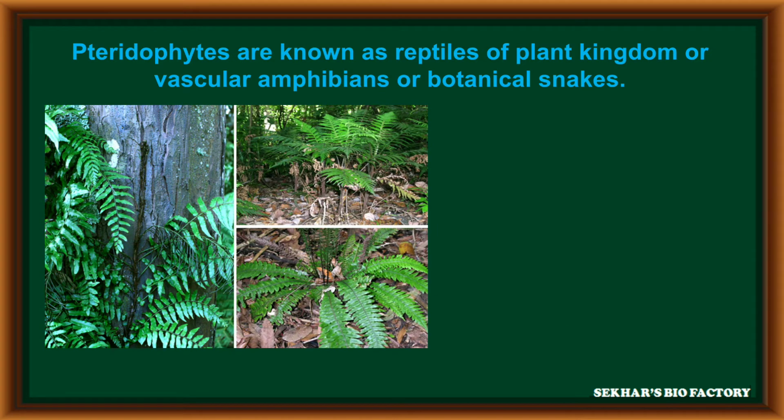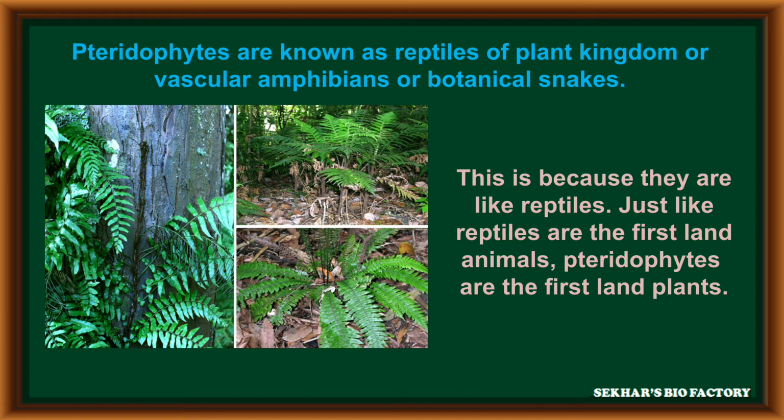Pteridophytes are generally known as reptiles of the plant kingdom, vascular amphibians, or botanical snakes. Just like reptiles are the first land animals, similarly pteridophytes are the first land plants, so pteridophytes are also called reptiles of the plant kingdom or botanical snakes.